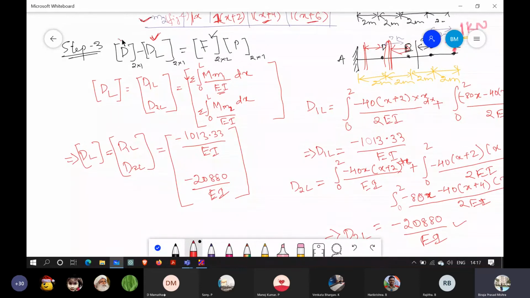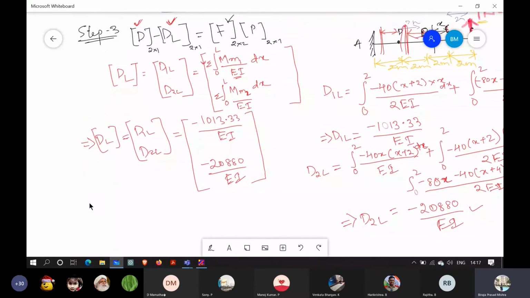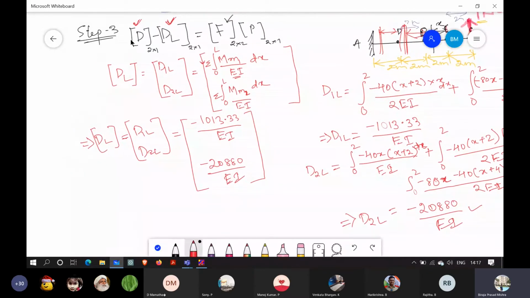Okay, now this one. If you see, this d equals this d. This displacement is the displacement or the sinking of supports. We can call it delta b and delta c.